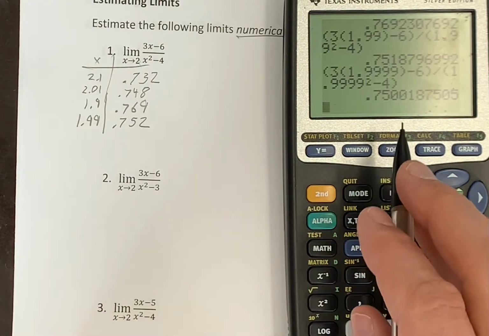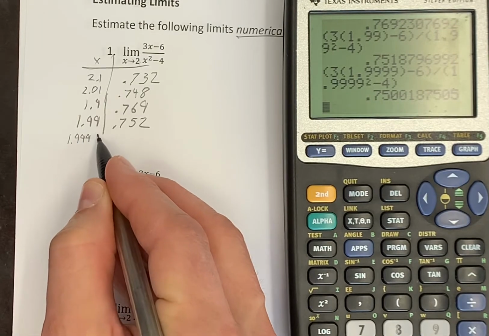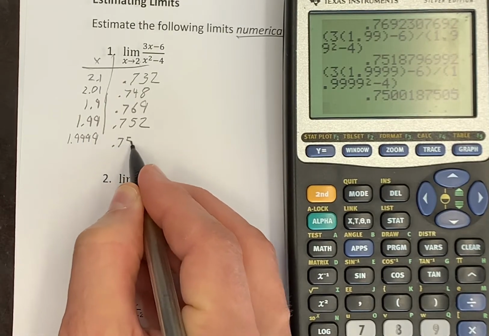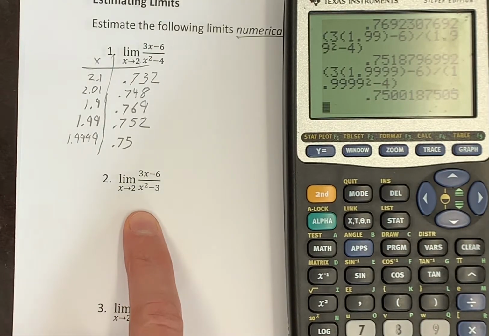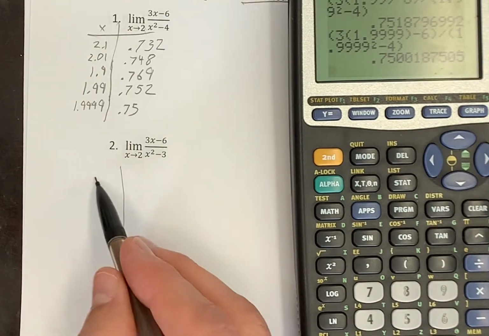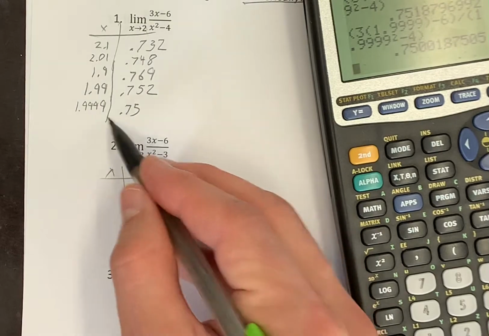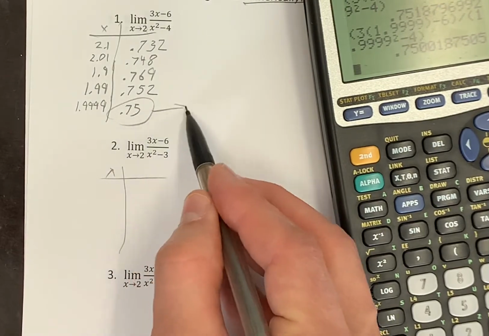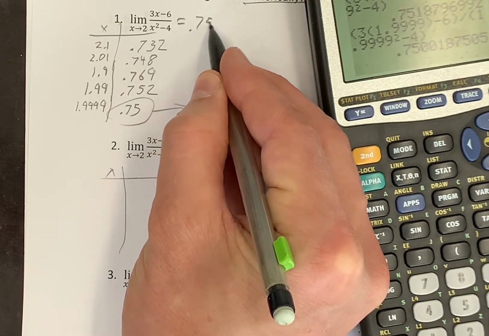Man, that's getting really close to 0.75, isn't it? So that's kind of the game we play. Now notice this is so minor a difference, right? So maybe I would estimate the output to be 0.75 or 3/4.